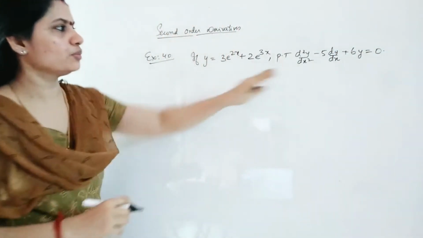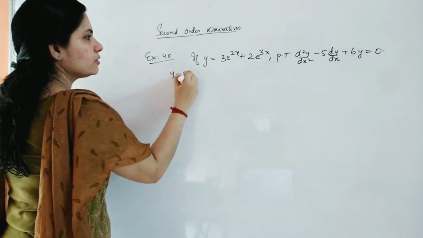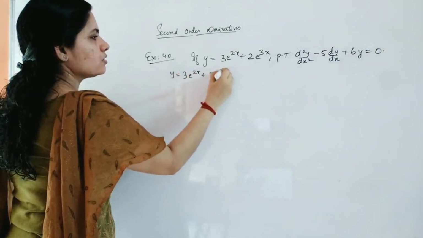So this is the thing which you need to prove. So we'll start with y is equal to 3 e raised to 2x plus 2 e raised to 3x.